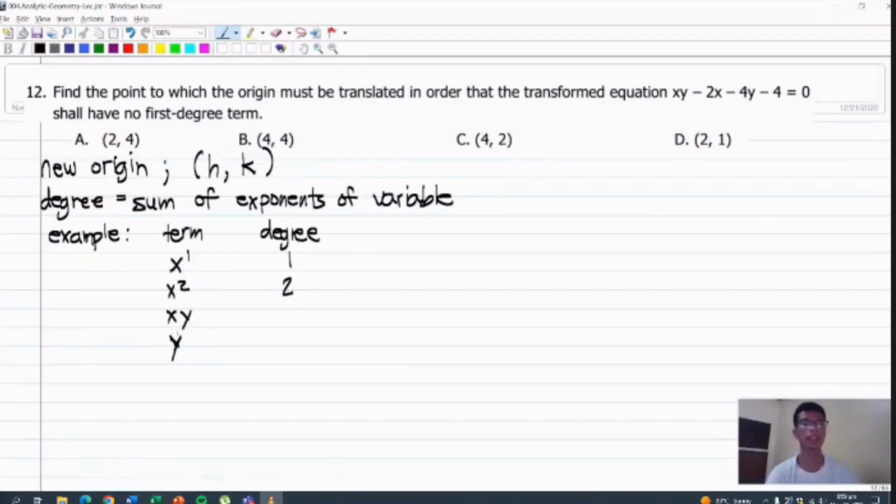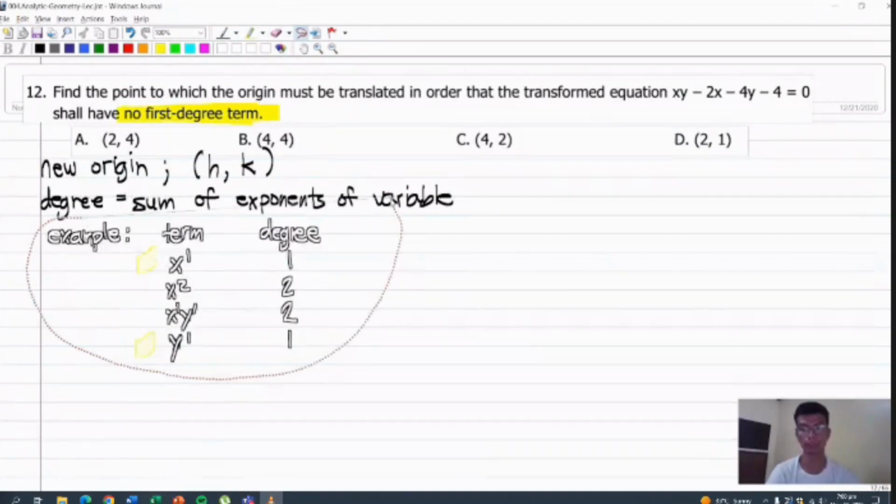If our term is xy, where x has exponent 1 and y has exponent 1, the degree is also 2, 1 plus 1. For y, the exponent is 1, so the degree is 1. So the problem says it shall have no first degree term. We need to cancel any single variable x or single variable y in our equation, so there should be none of these.